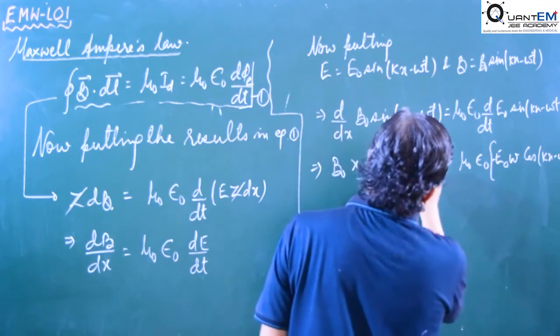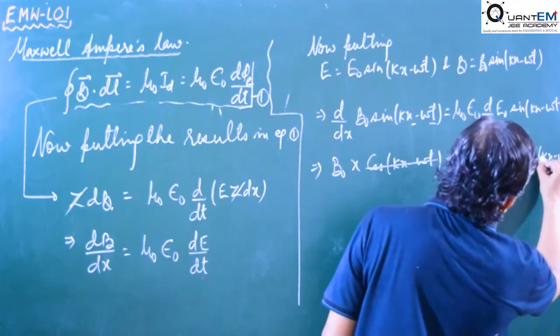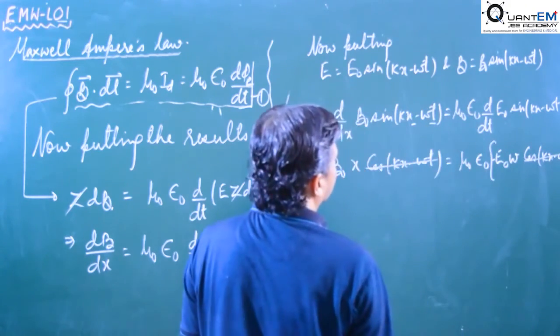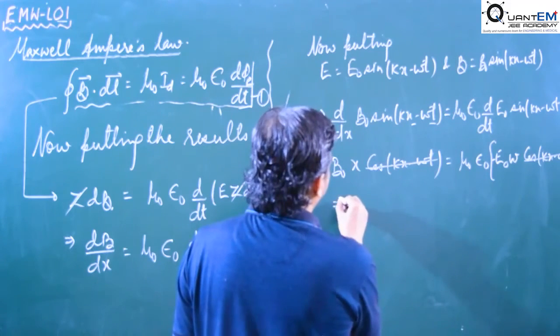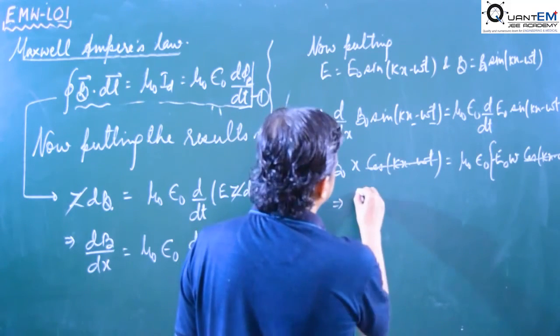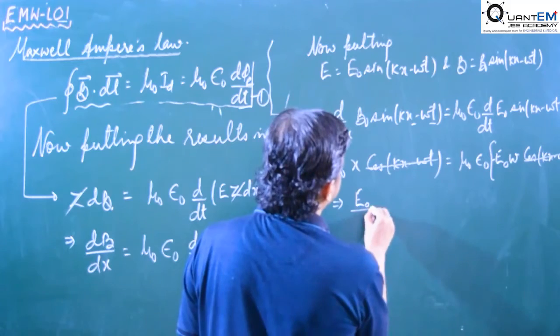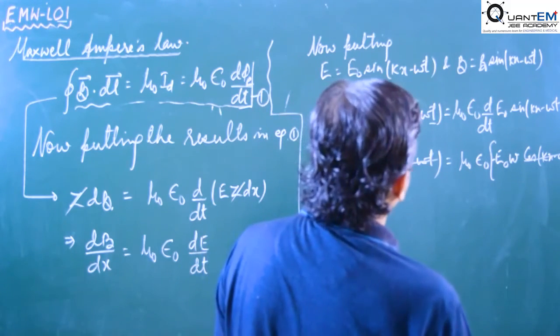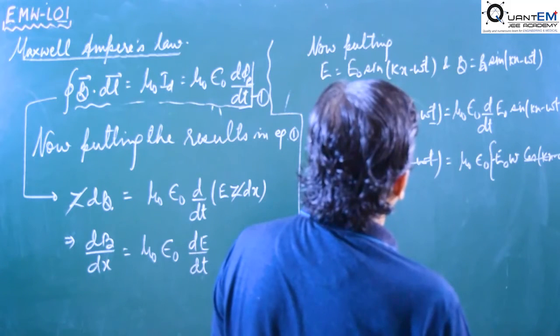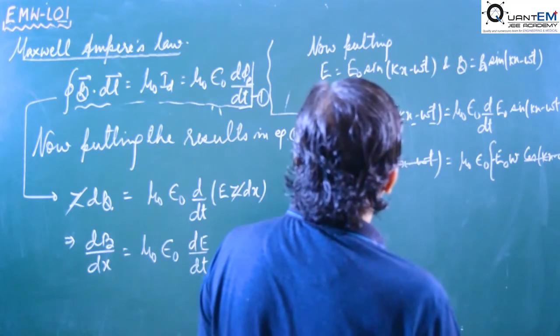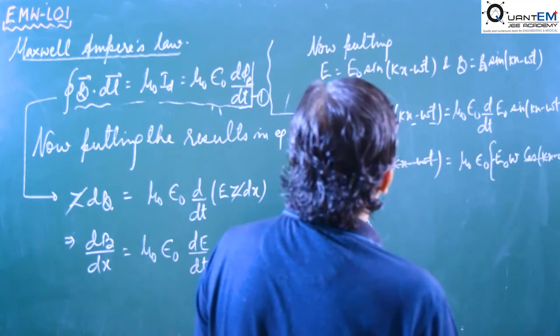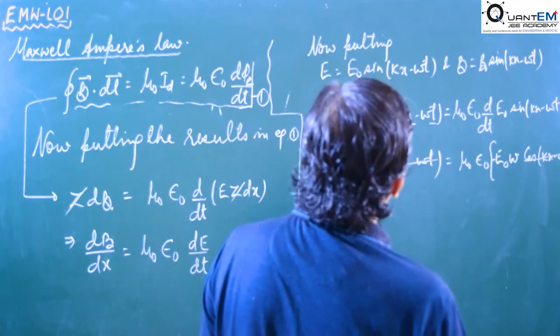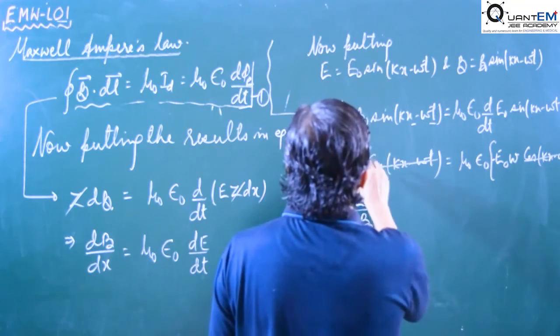these cos terms get cancelled. So the result we have: E naught by B naught, it is B naught k here.